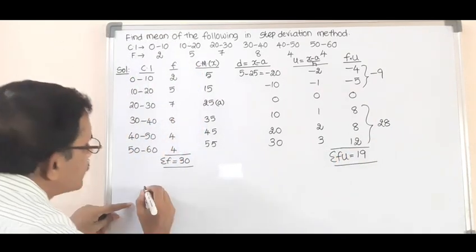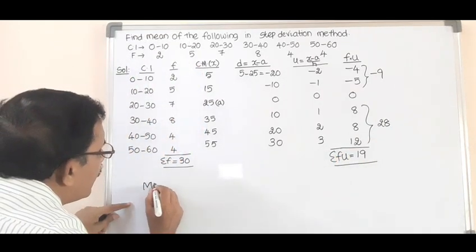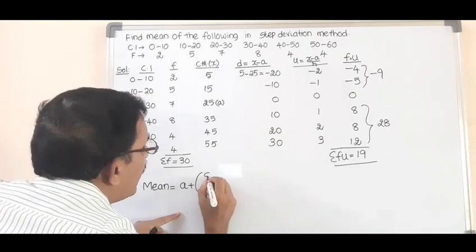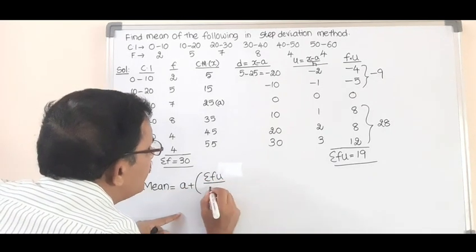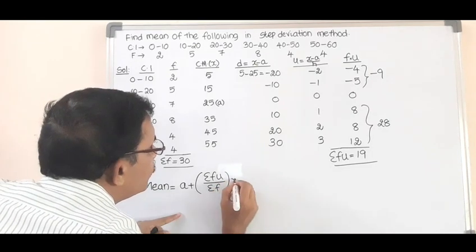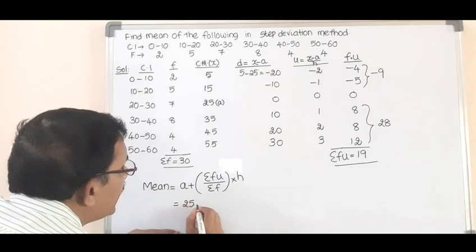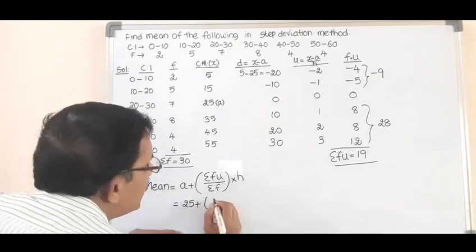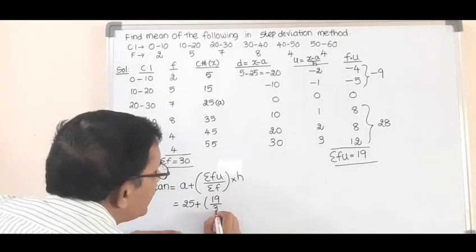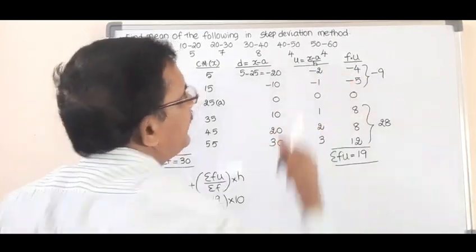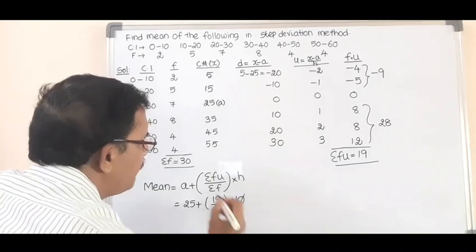So mean is equal to A plus (sigma FU by sigma F) into H. Here the A value is 25, plus sigma FU value 19 by 30 into 10. Here the H value is 10, so this 0 will get cancelled.